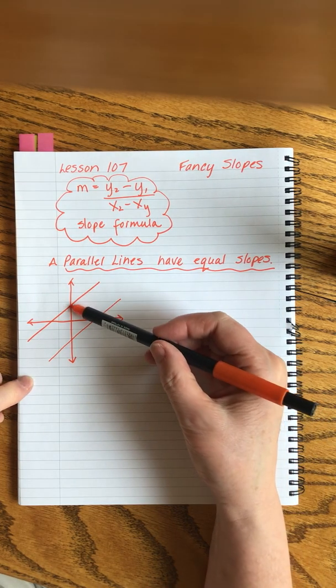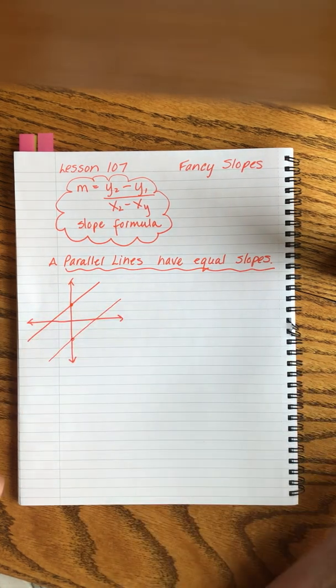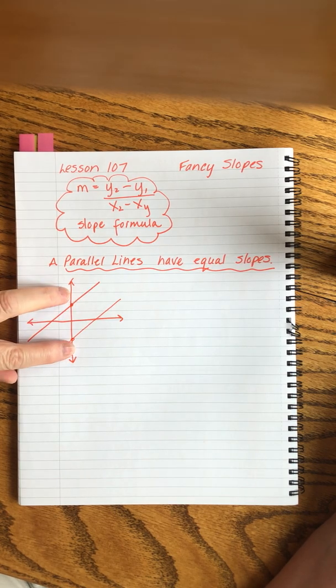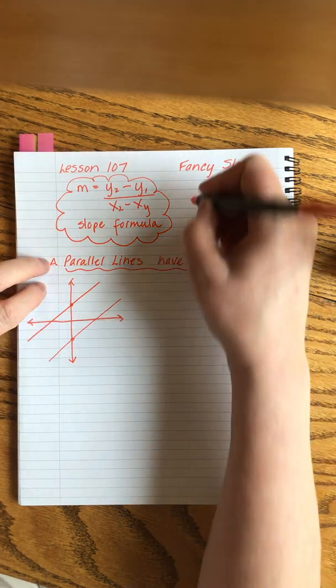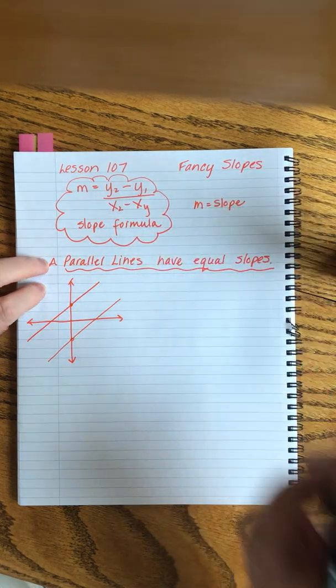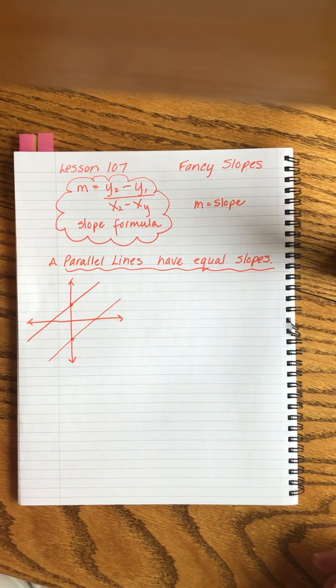Notice that the y-intercept is going to be different, because this one goes there and this one hits there. So the y-intercept will be different, and that's the b. But the m, the slope, will be exactly the same if the lines are parallel.